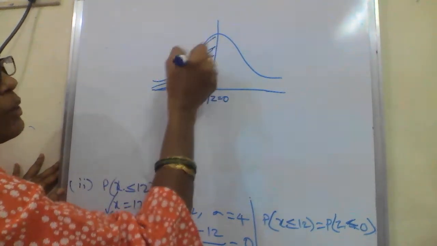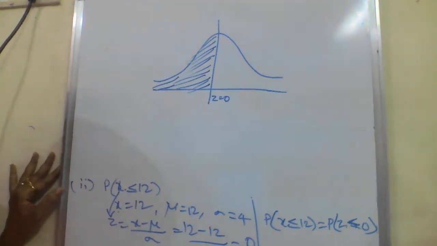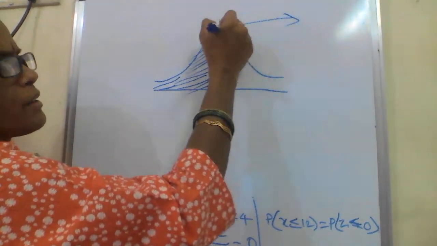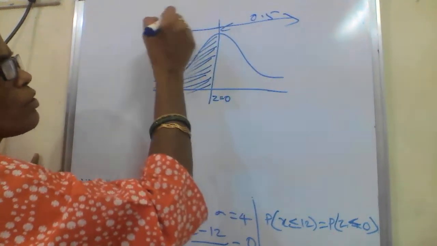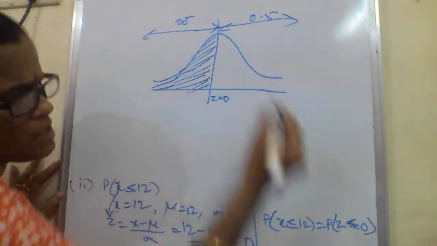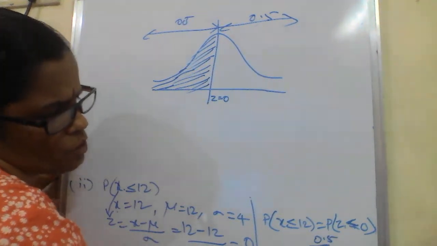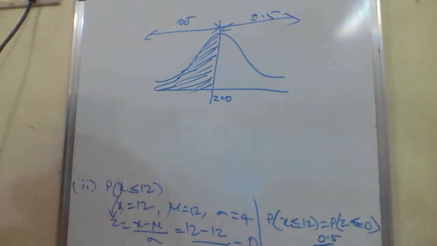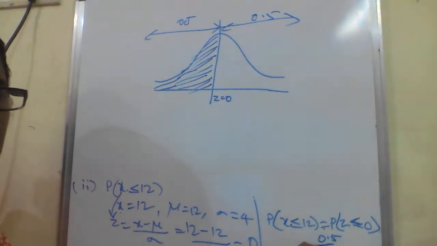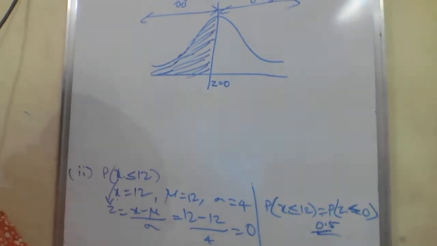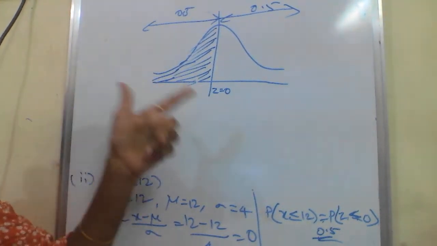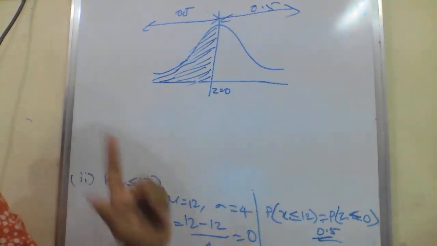So the probability of this total region: I told you this particular part is 0.5 and on the other part also it will be 0.5. So my required probability now is directly 0.5. There is no need of finding any particular value from the table. So my probability is 0.5 from this particular figure. Without this figure you cannot find the probability. So this figure is compulsory, you have to represent it.